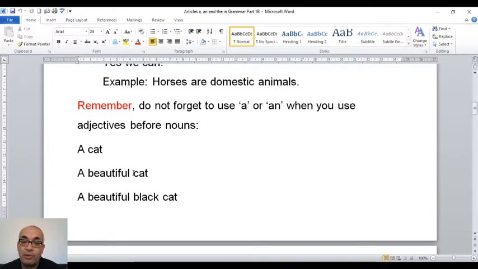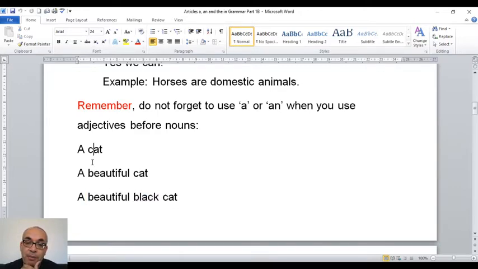And before a common singular countable noun, we use a or an. Here we use a because see, this is a consonant. So if you use an adjective between cat and a, don't forget to use a. Again here, I use two adjectives. So again, a is for cat.